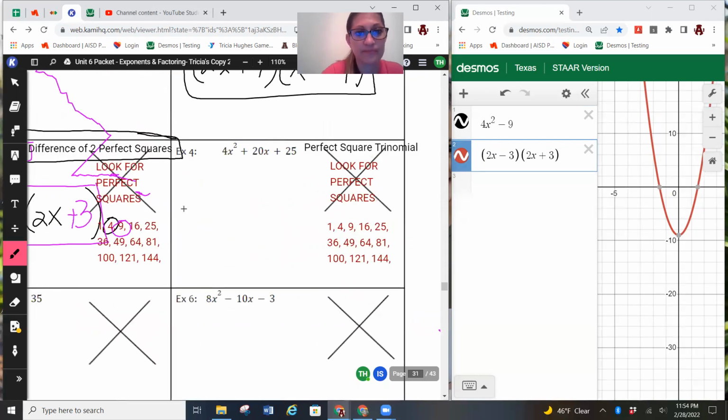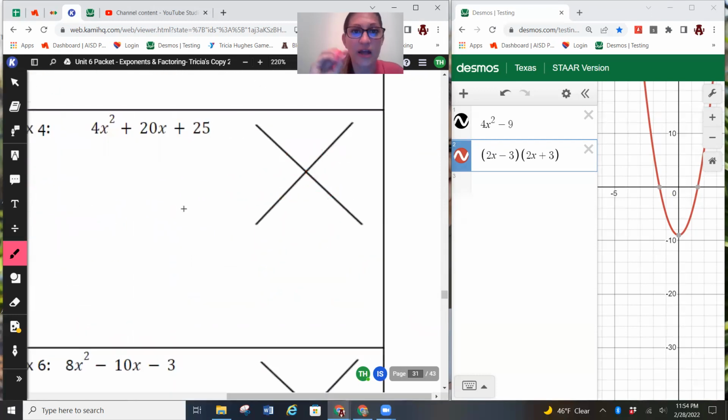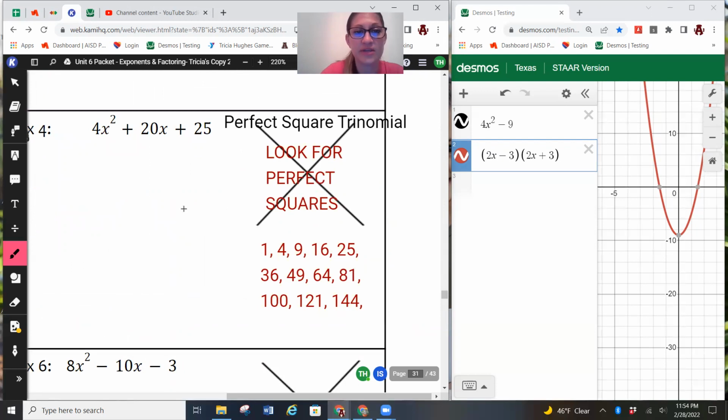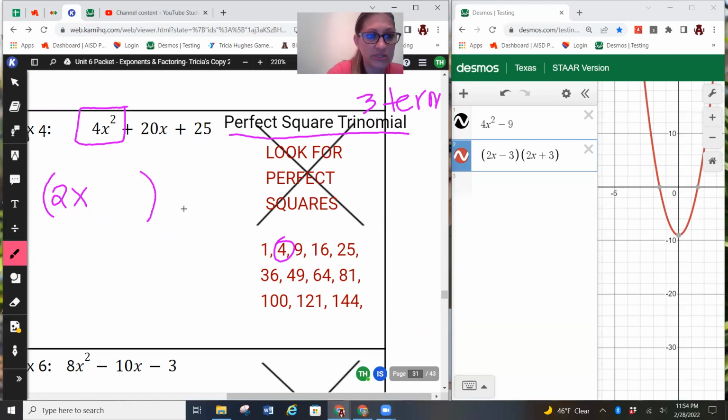Last example. This is not a difference of perfect squares. It's a perfect square trinomial, means 3 terms. We're going to do it the same way. Our a term is a perfect square. It's right there. So we're going to break it up using the same number and the same variable.